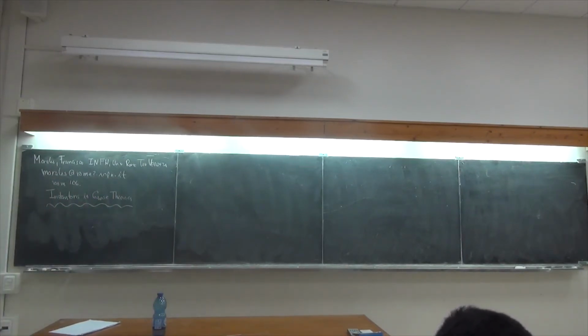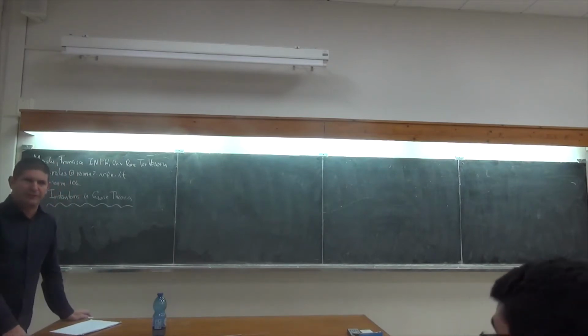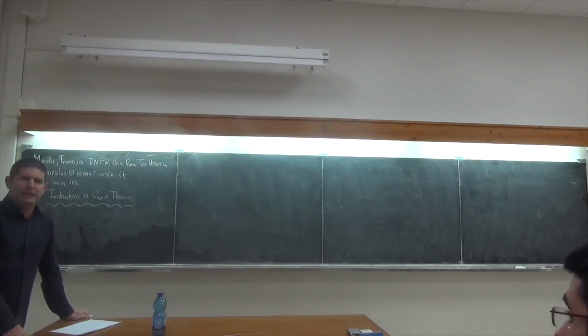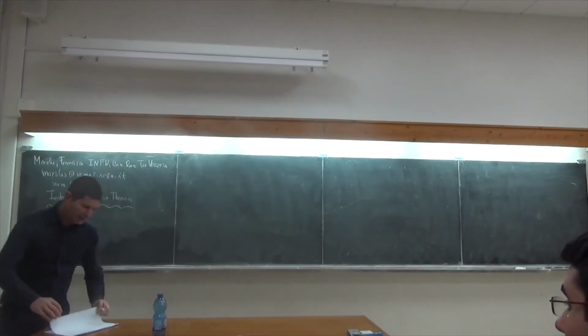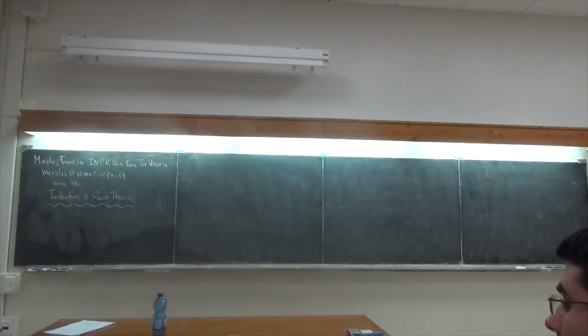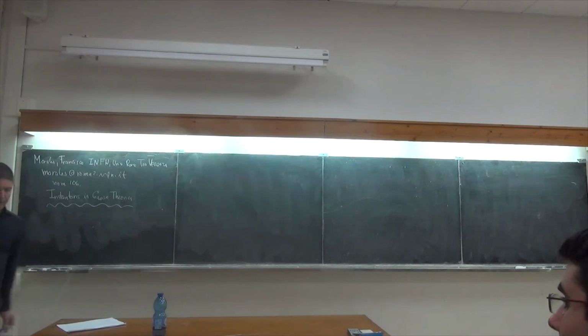Okay, maybe I will start. All the students are PhD students, and there are also some students coming from the end of the master's thesis. I will try to assume that you don't have any background apart from quantum field theory.